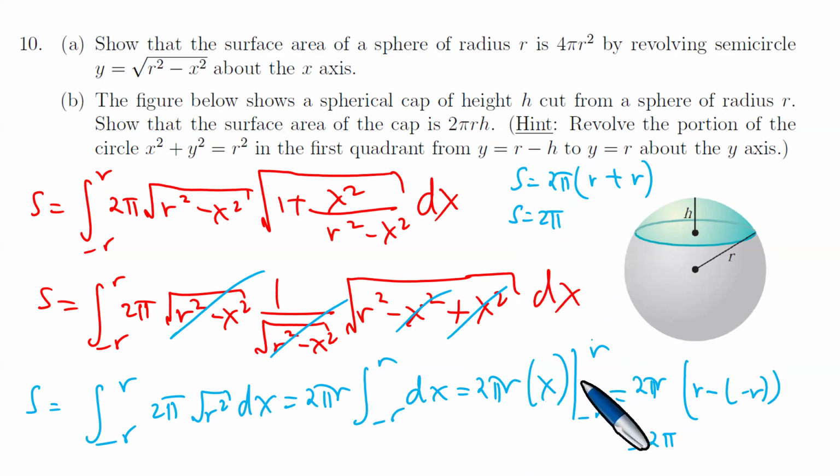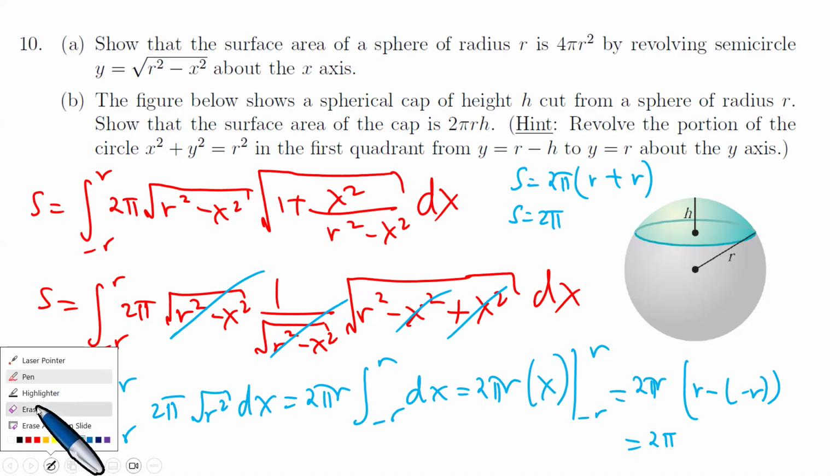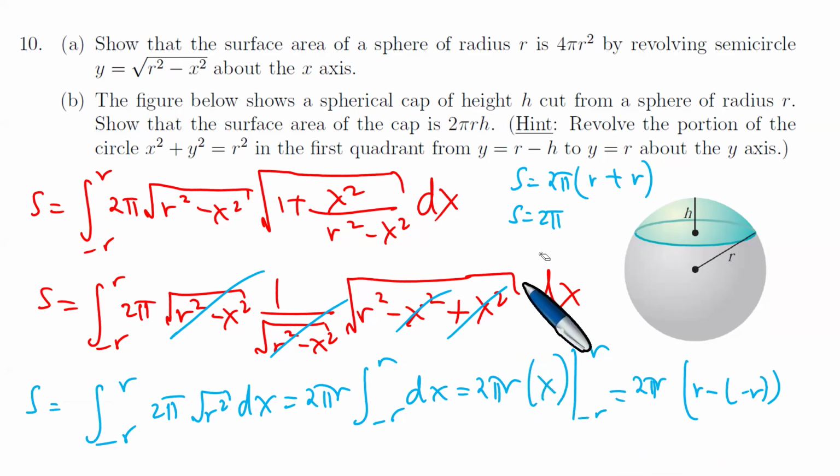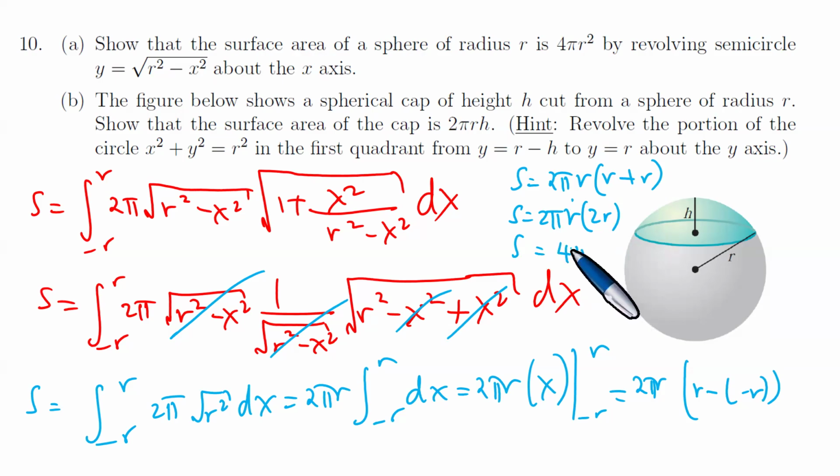There is a 2 pi R outside, but there is R plus R, which is 2R. 2 times 2 is 4 pi R squared. Good. So we got 4 pi R squared.